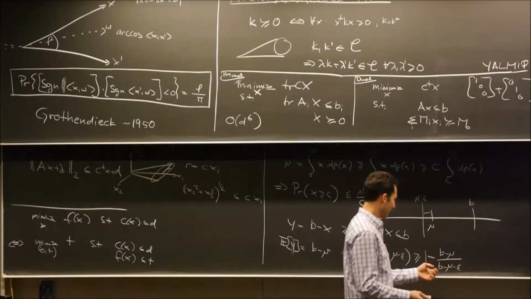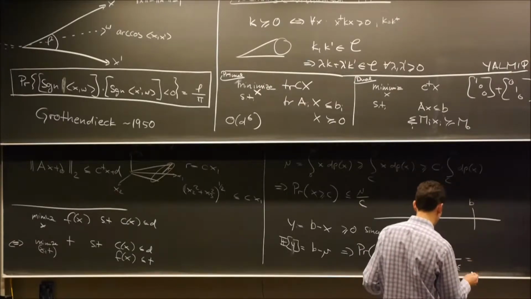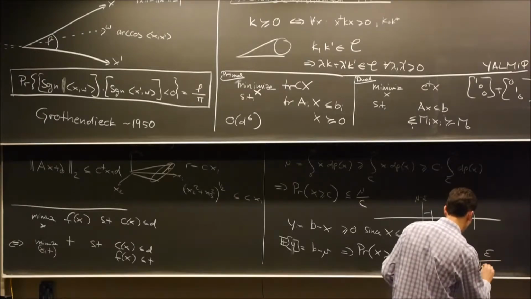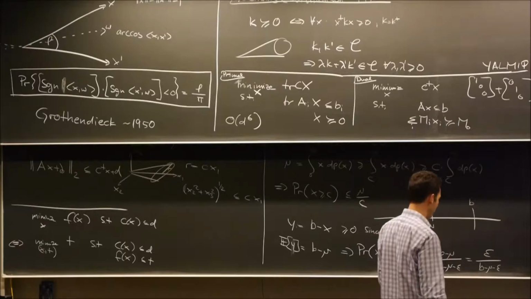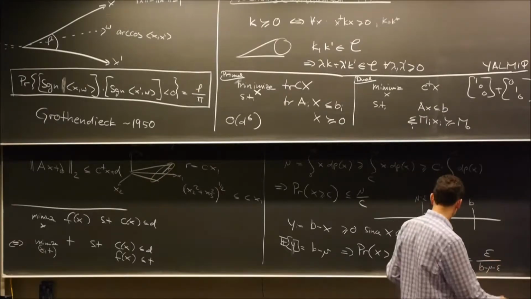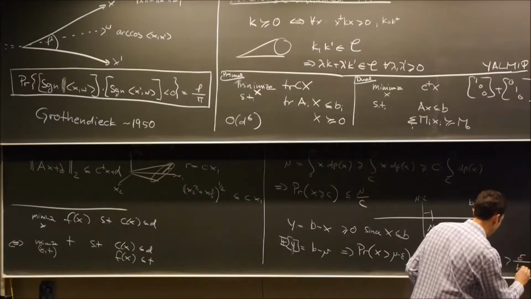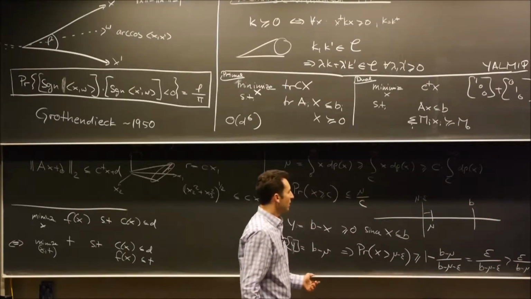And then if you work this out, you'll get exactly that this is just epsilon over b minus mu minus epsilon, which is, of course, greater than epsilon over b minus mu. Okay, done.